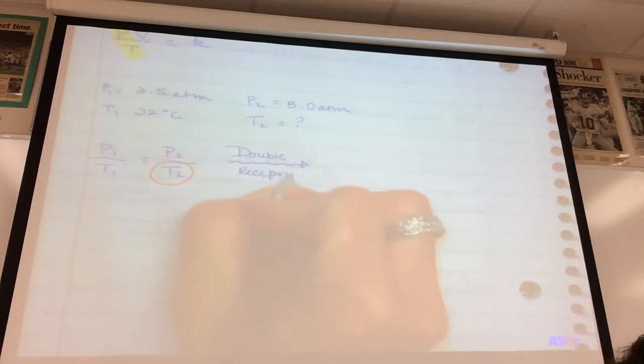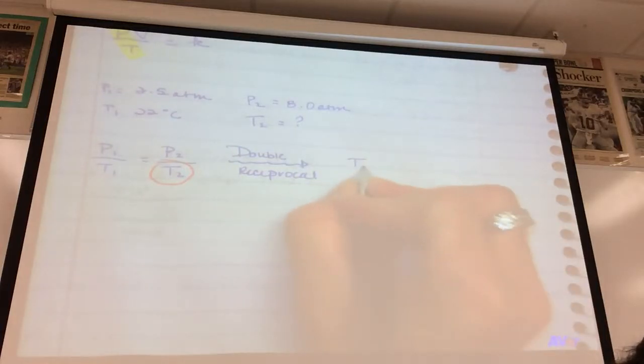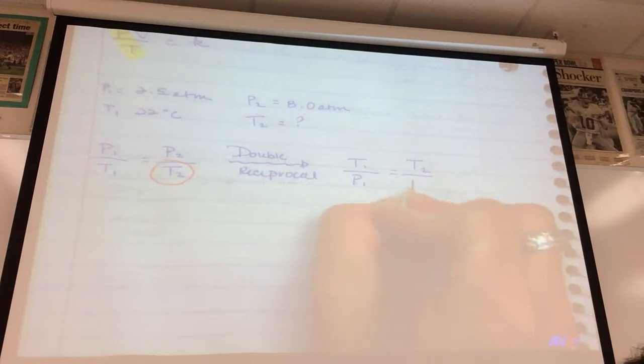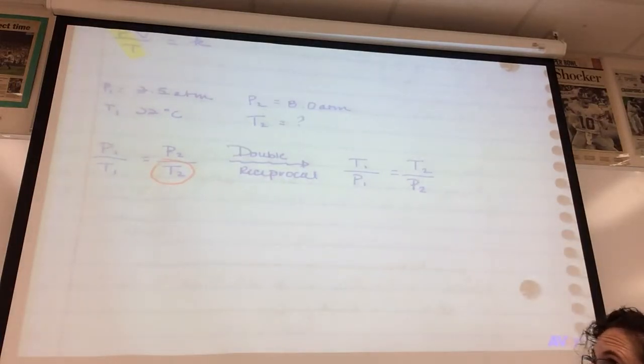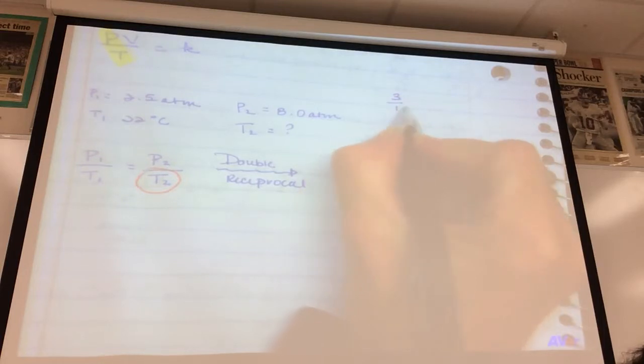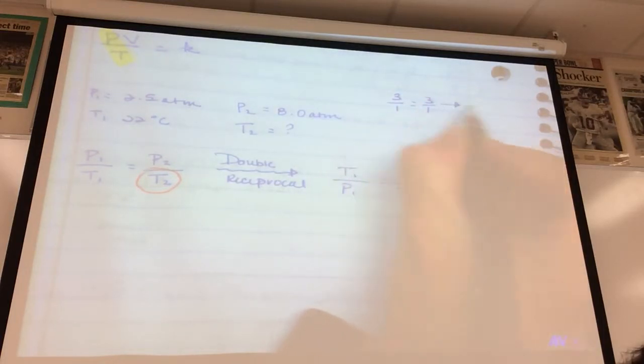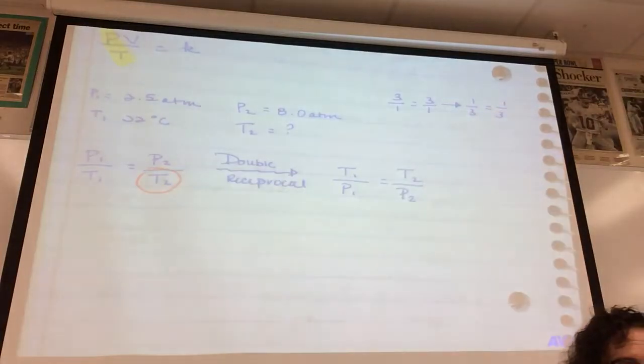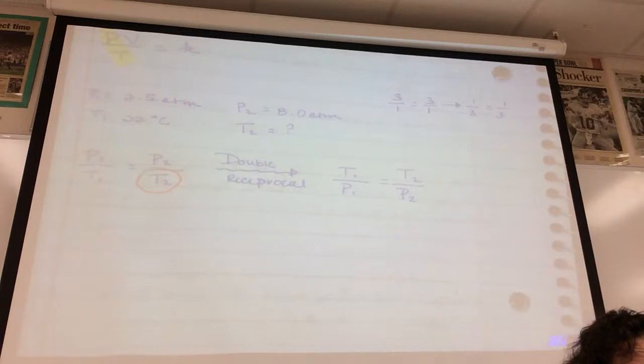Makes sense. So you've got T1 over P1 is equal to T2 over P2. And that's perfectly legitimate because 3 over 1 is equal to 3 over 1. If I do a double reciprocal, 1/3 is equal to 1/3. So it's perfectly legitimate and it works nicely.